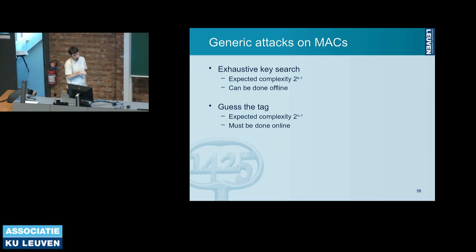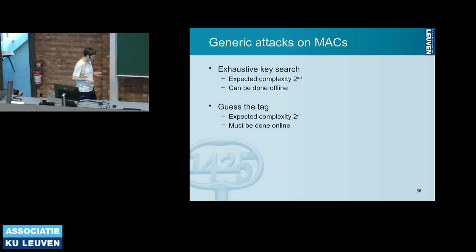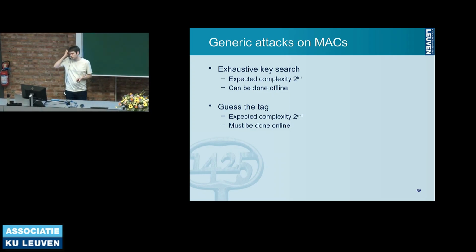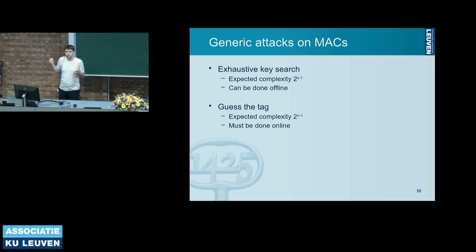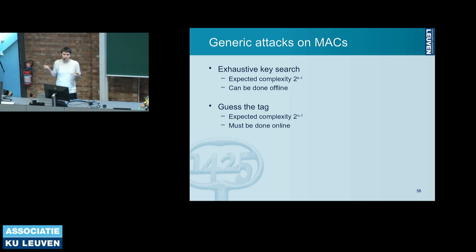Another attack that you can try, but it's usually much more difficult, is to make a random tag and then hope that it is actually a correct tag for the message. How difficult this is depends on the length of your tag.